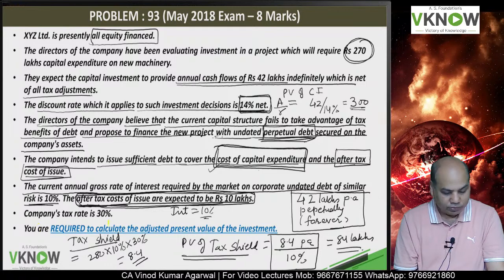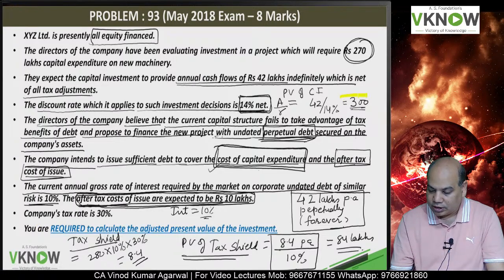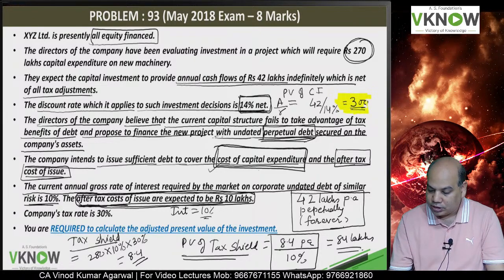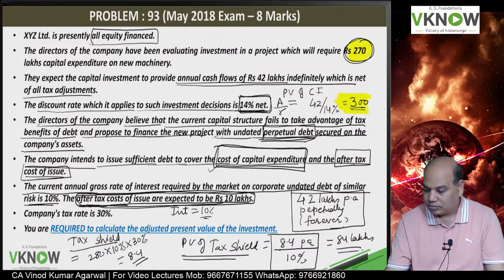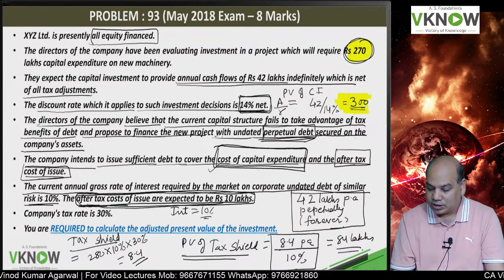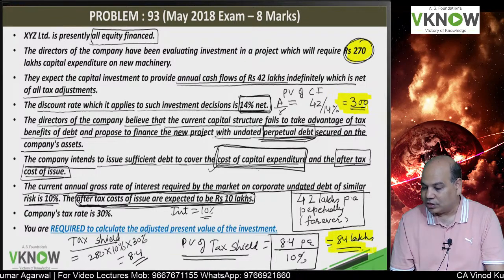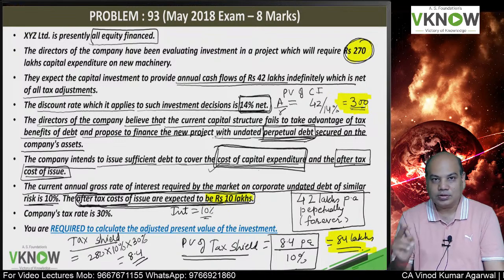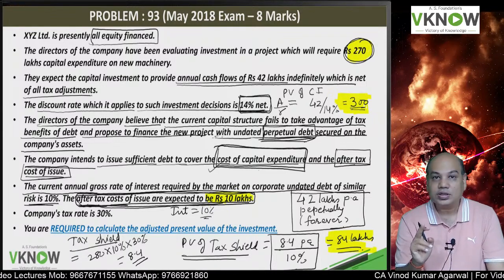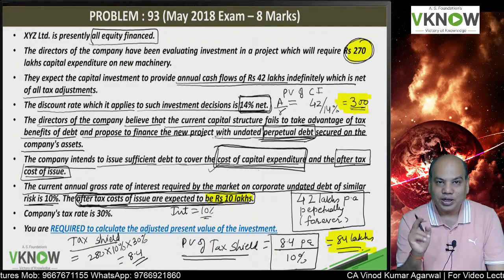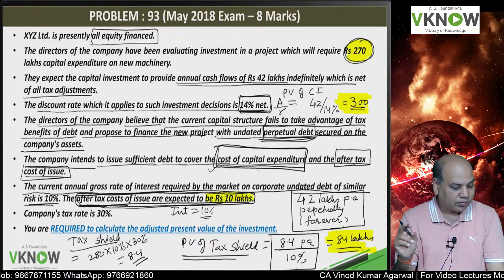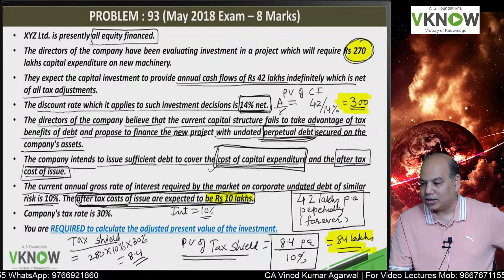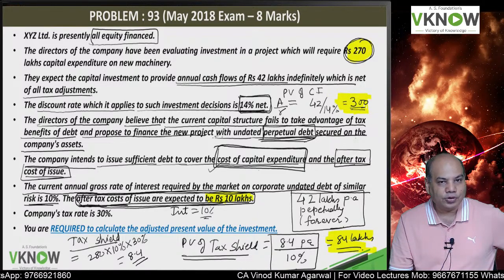You are going to get a base NPV of 300 minus 270 project cost, 30 lakh base NPV, plus 84 lakh tax shield, minus 10 lakh issue expense. So what would be the final adjusted present value? 30 plus 84 minus 10.